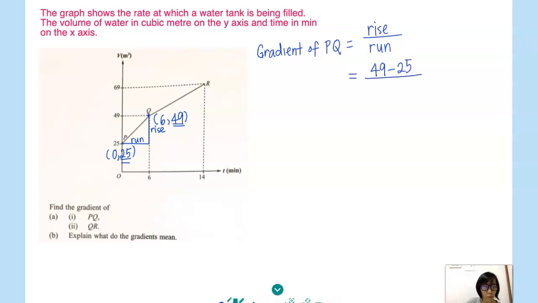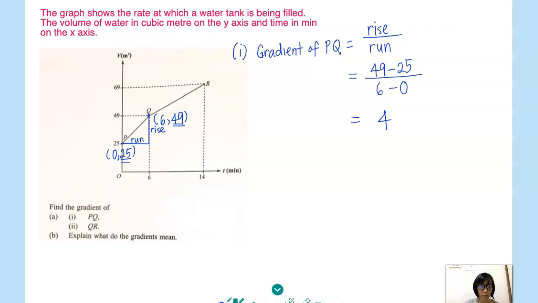And for the run, it would be 6 minus 0, the difference in the x coordinate. So what we have here is 4. So that's for part 1.